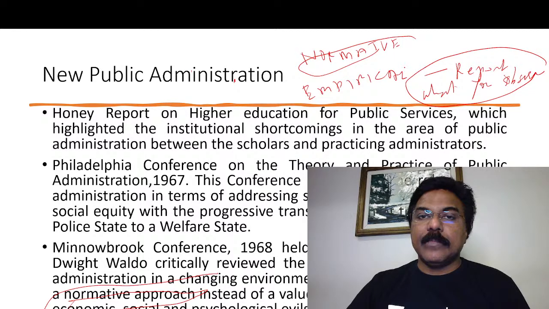It had resulted in the country facing severe economic crisis: unemployment, poverty, inflation, high fiscal deficits, and overall backwardness. They felt that traditional public administration should be replaced with new public administration for the discipline to be relevant under changing circumstances. This is very important. These are the sentences you should be using: under changing circumstances.